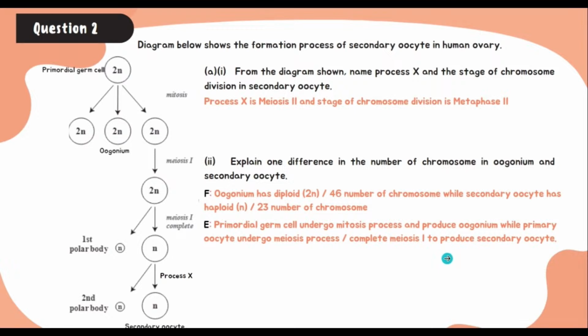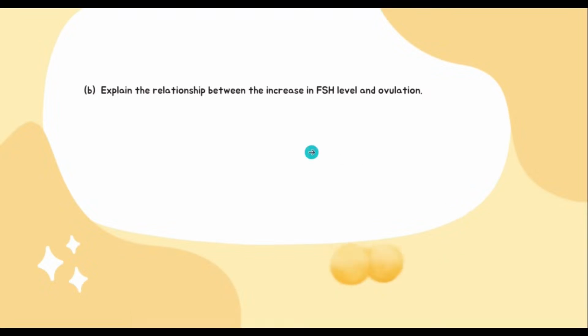Alright, now let us continue with our next question. Okay, question B. Explain the relationship between the increase in FSH level, follicle stimulating hormone level, and ovulation. So now you need to relate the follicle stimulating hormone level to the ovulation process.